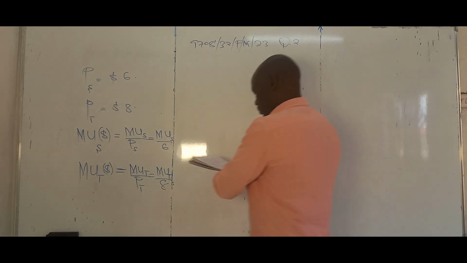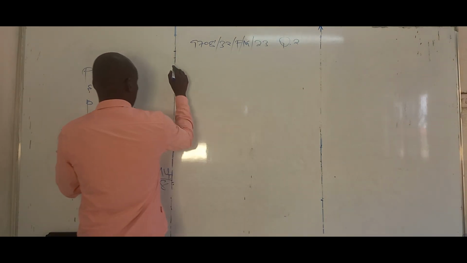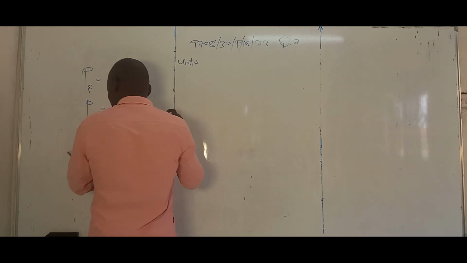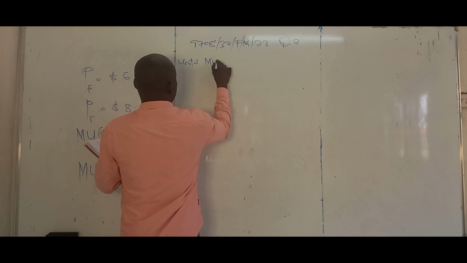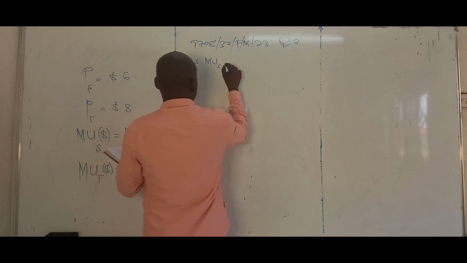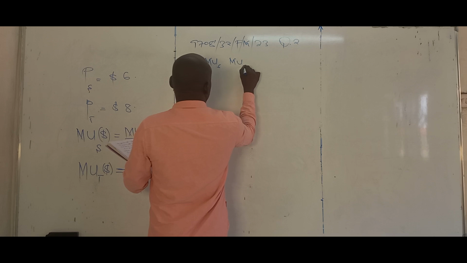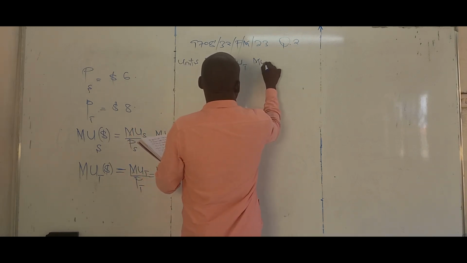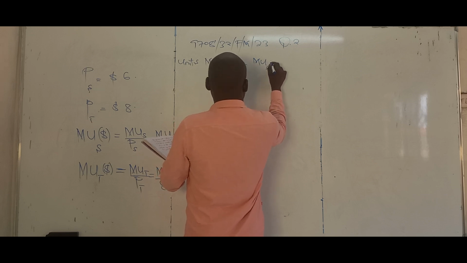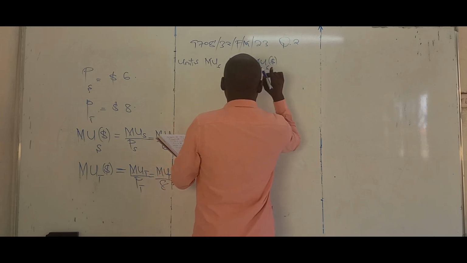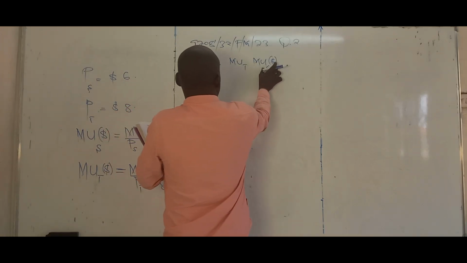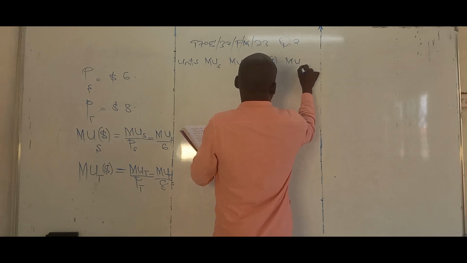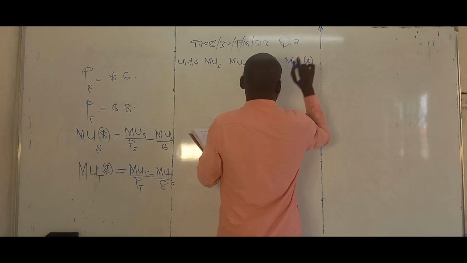But let's see. So I have units, MUS for marginal utility of S, then MUT for marginal utility of T. Then I have MUS, and I'm using this sign to mean per dollar, and then again MUT with that sign to mean per dollar.